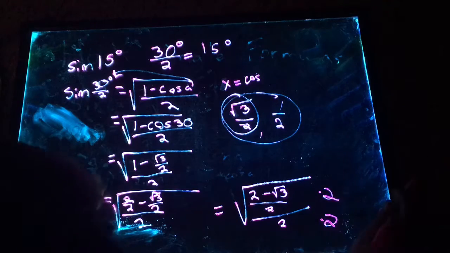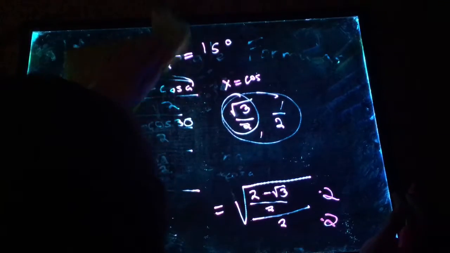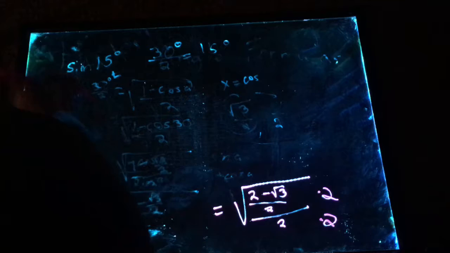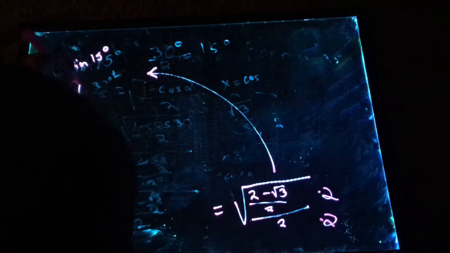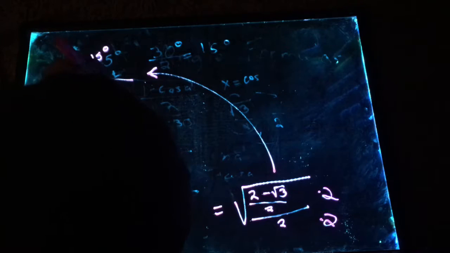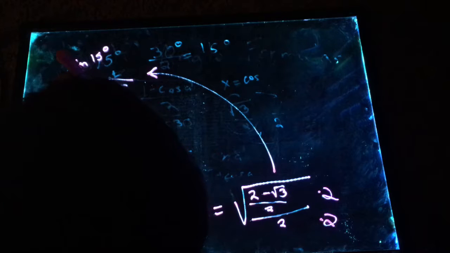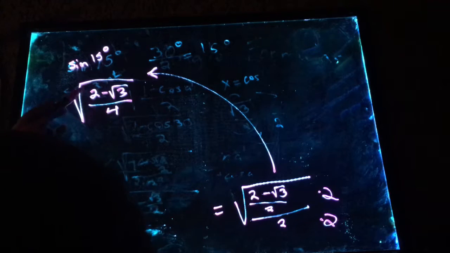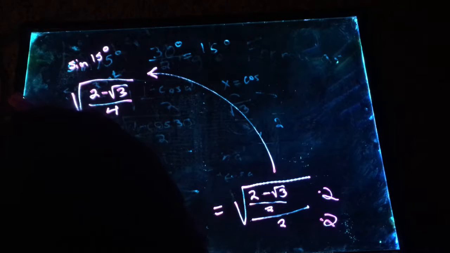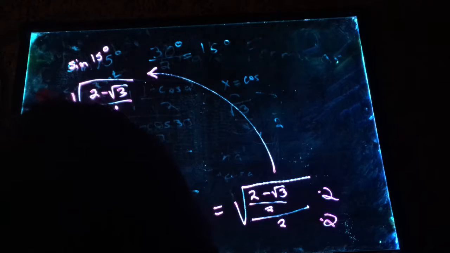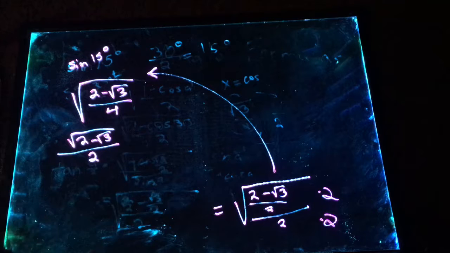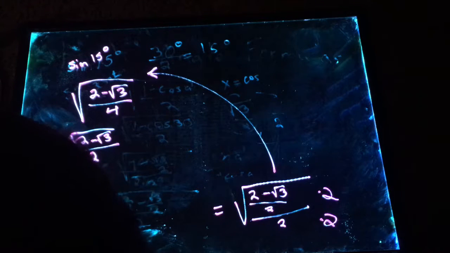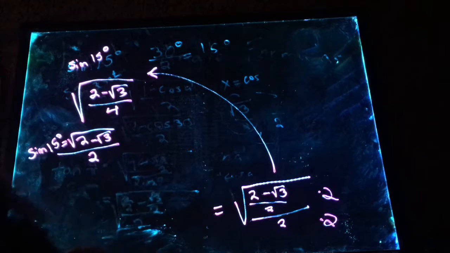And since we know we can find the square root of 4, we can just take it out and do the square root of 2 minus square root of 3 over 2. And that's it. That's sine of 15.